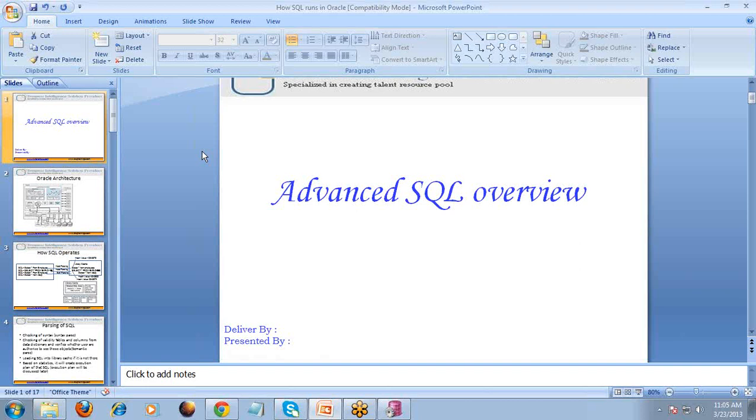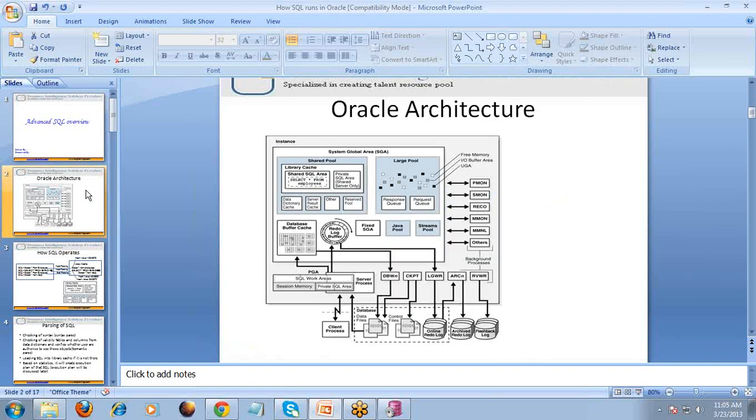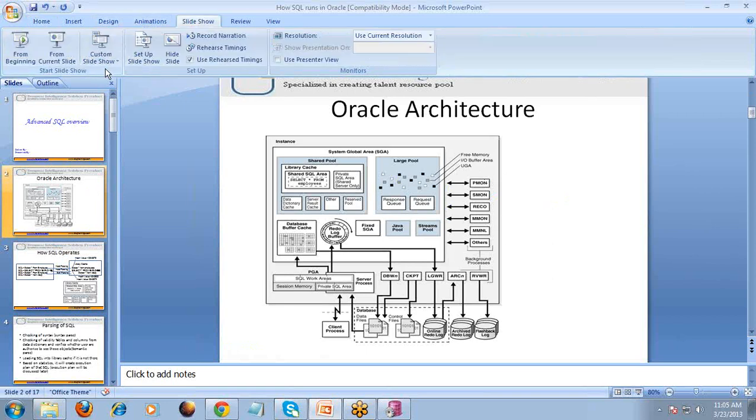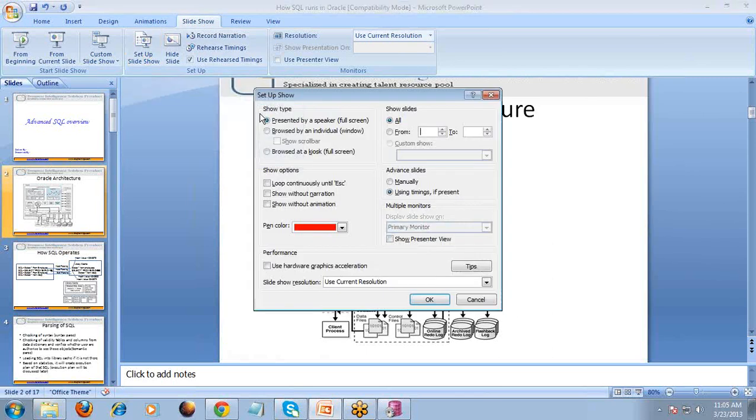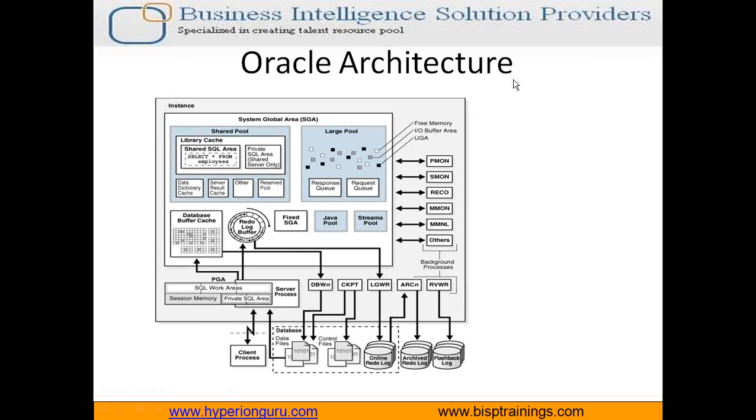Before going into the depth, I'll try to show you the Oracle architecture, because this needs to be understood. It's not mandatory to understand it in full detail, but you can look at this figure for an overview.